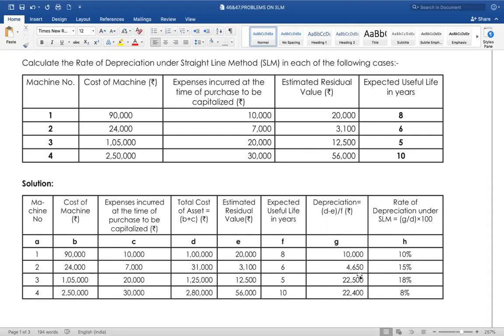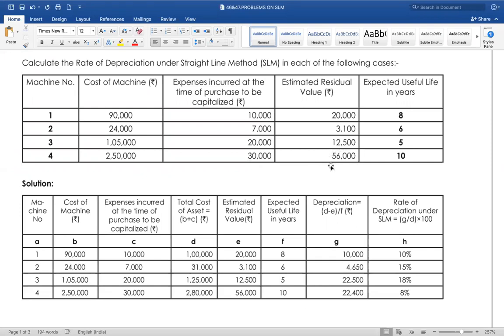The next one, 2,50,000 is the cost of the fourth machine. 30,000 is the incidental expenses incurred to make it operative. So 250 plus 30, 280 is the cost of the machine, minus 56,000, the scrap value.